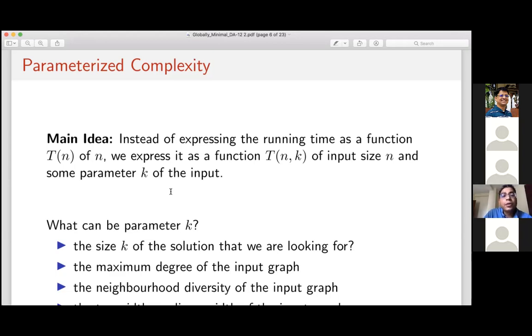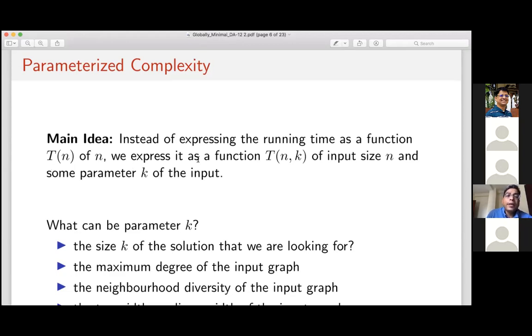This computation of time complexity in classical complexity theory is only a function of n, which is the input size. So if it is a graph problem, the time complexity is computed in terms of the number of vertices and the number of edges in the graph.